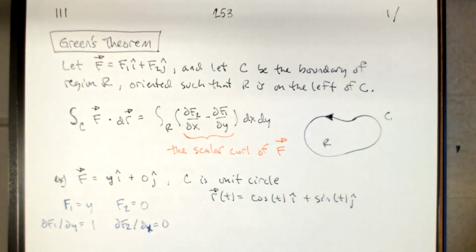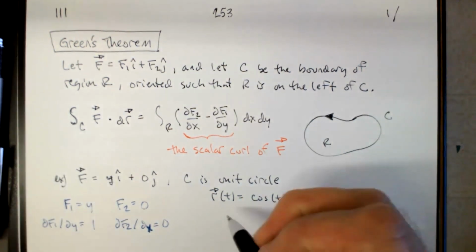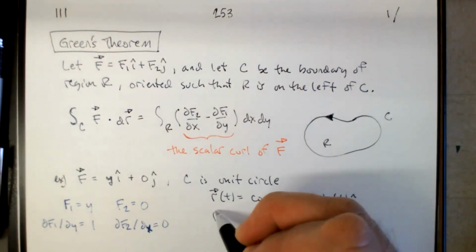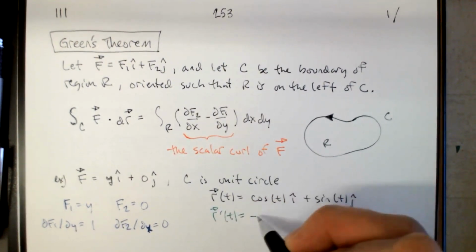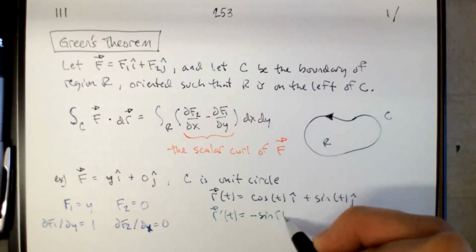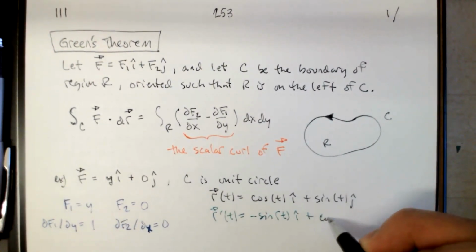So now we're going to start filling in the parts that we see in Green's theorem. Other things that we'll need are where the C is headed. So we'll also need an r prime of t for the line integral half of things. The derivative of cosine is negative sine, and the derivative of sine is cosine.